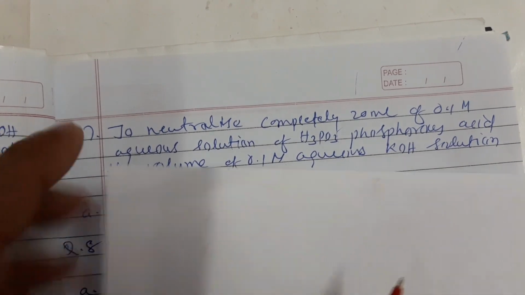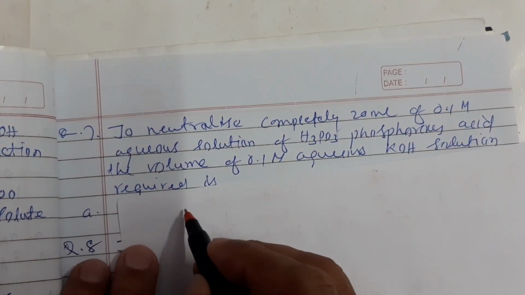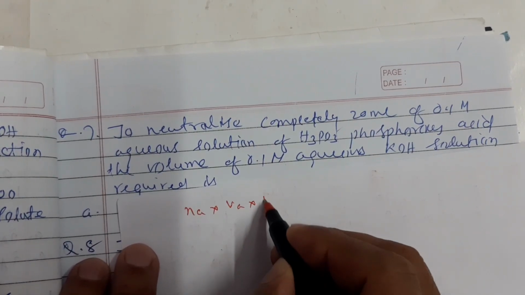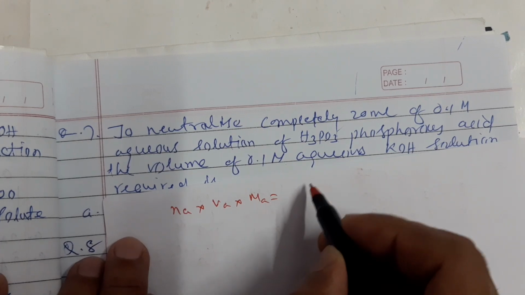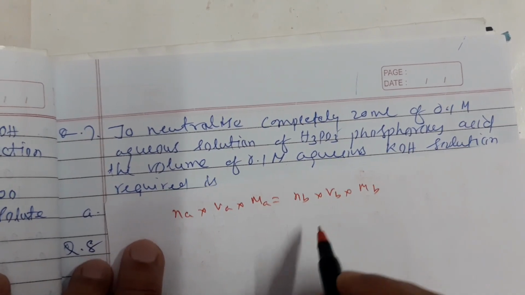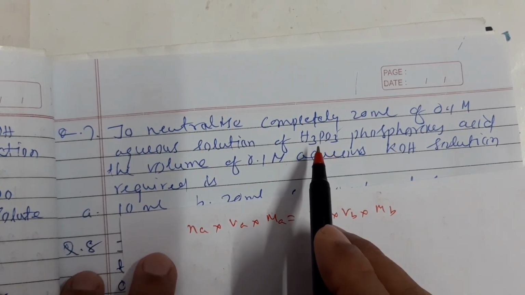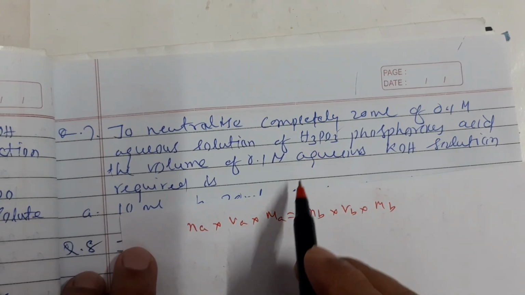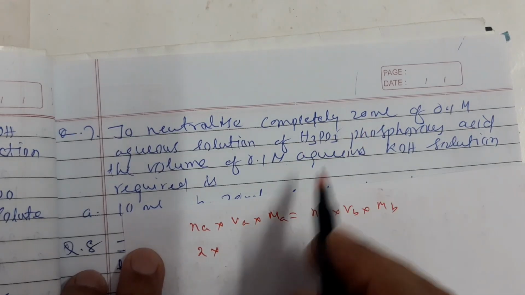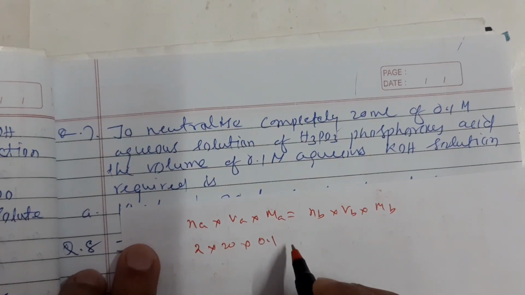See the formula, acidity and basicity you have to know. Acidity multiplied by volume multiplied by molarity of A equals basicity of B multiplied by VB multiplied by MB. For phosphorus acid, the replaceable hydrogen atoms is 2. So you write 2 multiplied by V 20 ml and molarity 0.1.